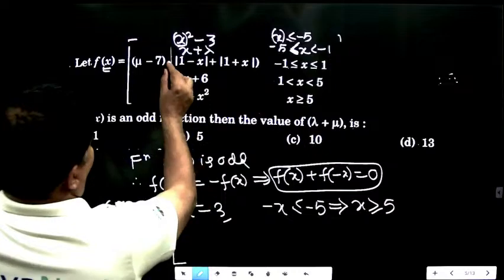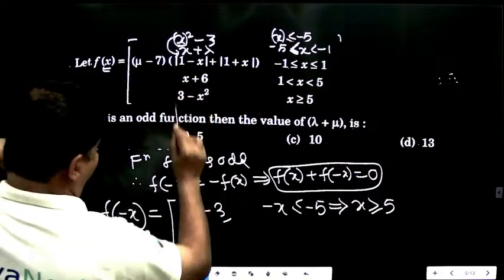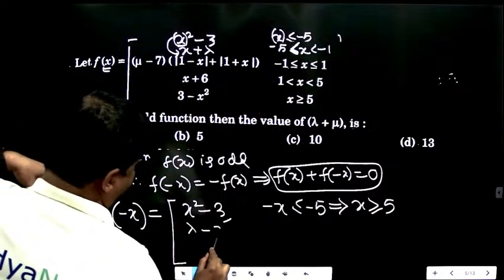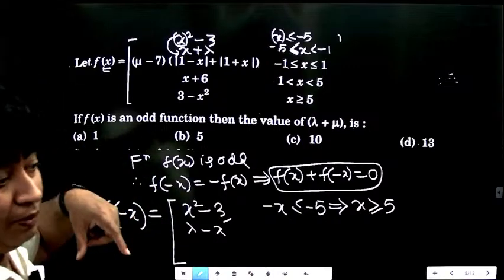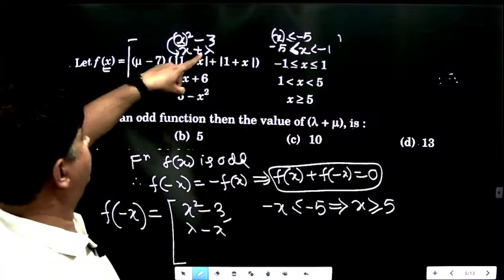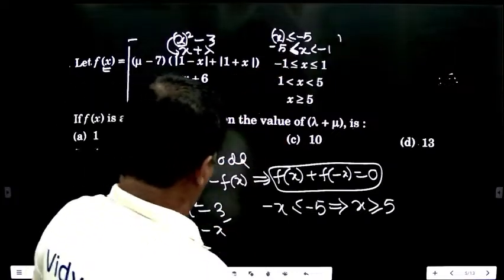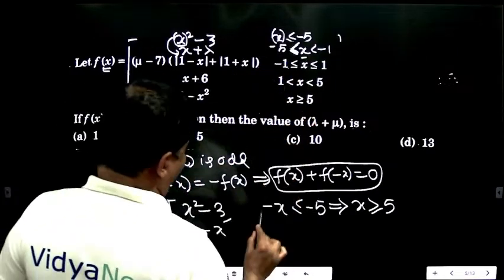Now, come to the second function. Minus x means lambda minus x. You ask me if you get any doubt. Lambda minus x. In place of x, minus x, you are replacing.